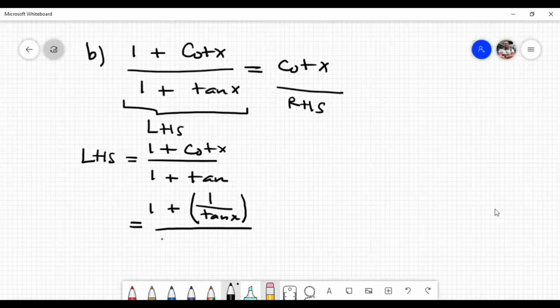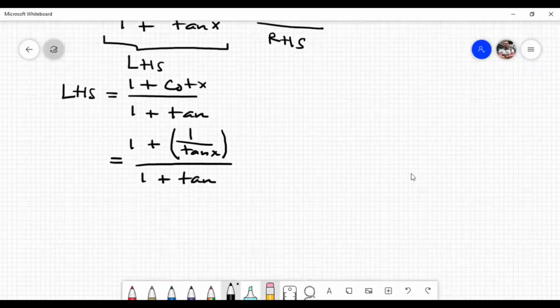And then I do nothing to the denominator. I keep writing the same. Okay, then after this, try to simplify. Look at this. This one has the whole numerator. So I prefer to simplify first the whole numerator.